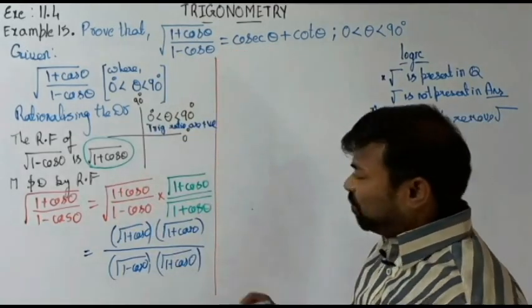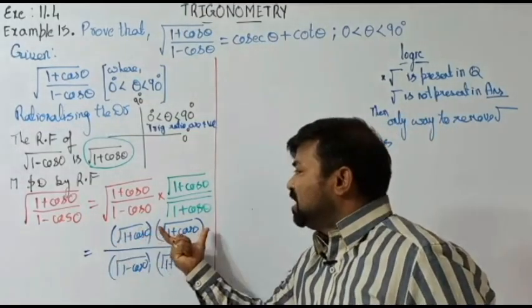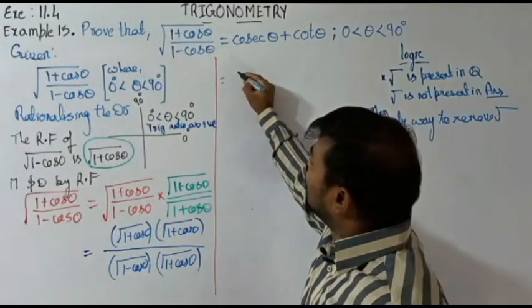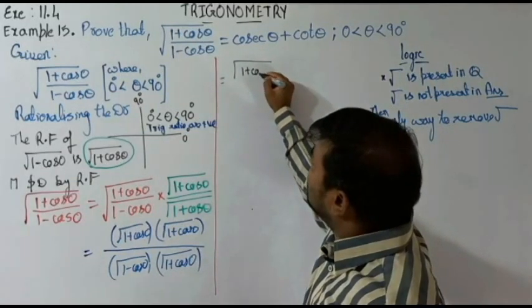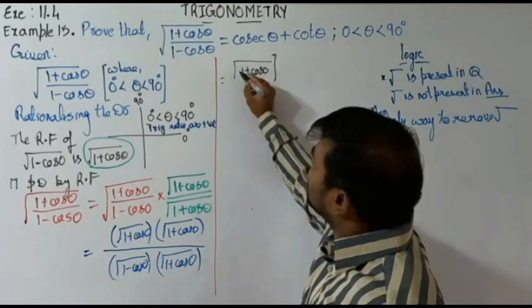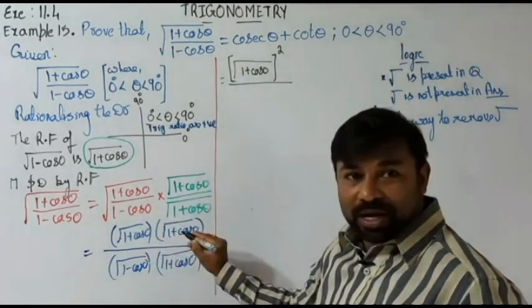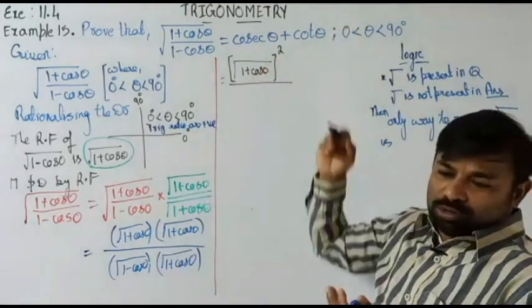Now let's go for that. If you observe, same into same, right? As it is same into same, can I write it as under root 1 plus cos theta whole square? Yes, in the numerator, as same into same is there, I am writing it as same whole square.